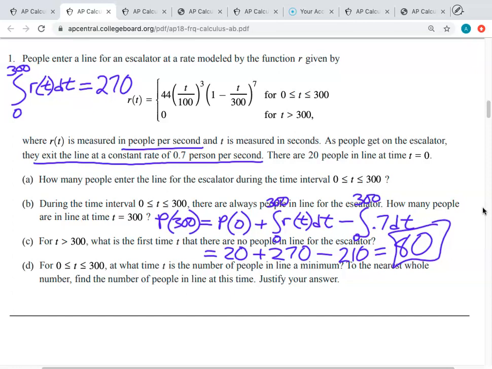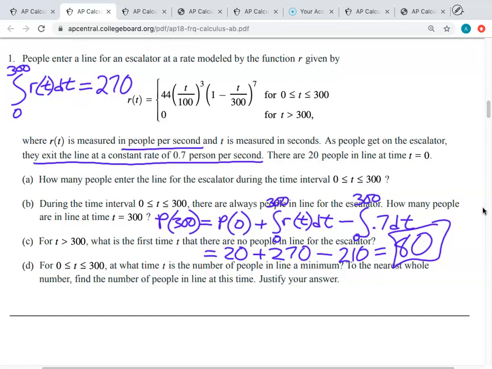It's fast. All right, for time greater than 300, what is the first time that there are no people in line for the escalator? So what we're looking for is, for a time greater than 300, when are all the people out of the line? Let's think about this for a minute. At time 300, there are 80 people in line.